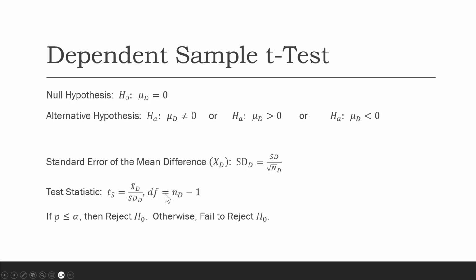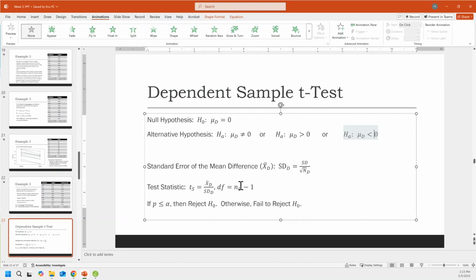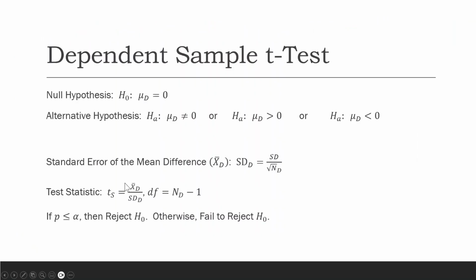All right. That distribution is approximately normally distributed, but since we're using sample data in our standard error, we have a t test statistic. Our t test statistic is just x bar sub d divided by the standard error. The degrees of freedom of that t distribution is the sample size, the number of differences, minus 1. With that test statistic, we can go to this t distribution with this degrees of freedom, and we can find our p-value based off of the alternative hypothesis.